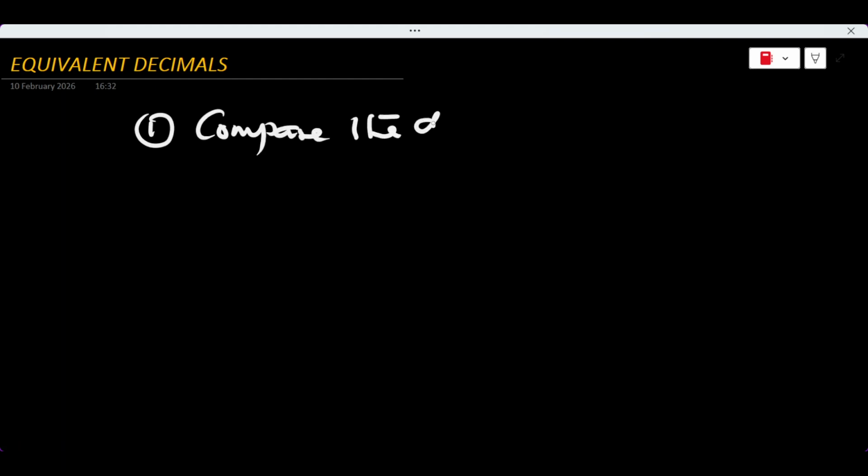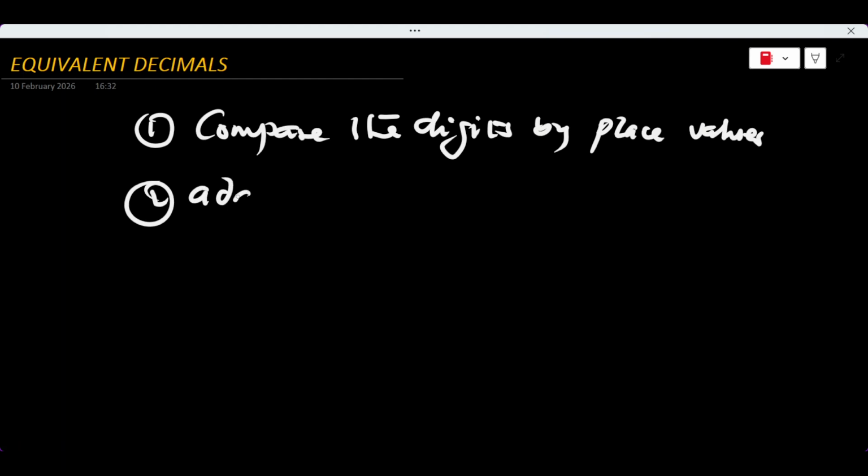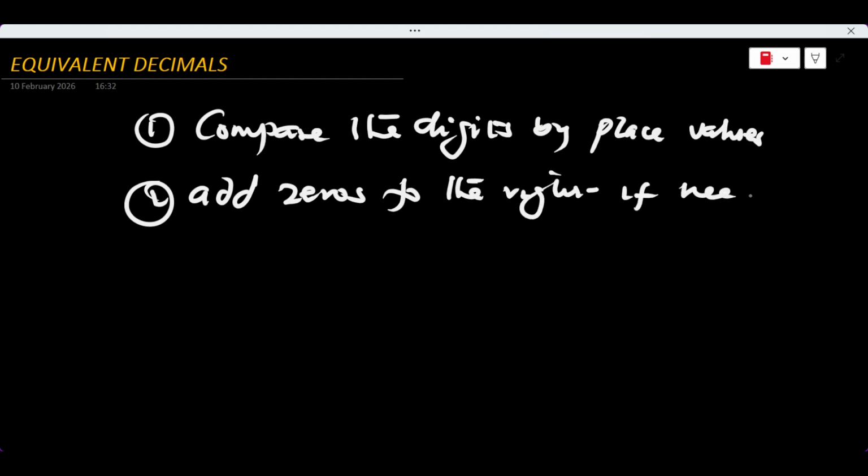Then the second thing to do is to add zeros to the right if needed.